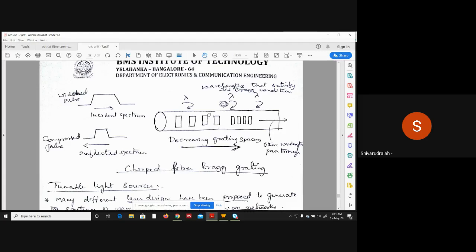And those wavelengths which will not satisfy the grating condition will start transmitting out of the fiber grating, right? Because this incident pulse is made up of multiple wavelengths. You can see here lambda 1, lambda 2, lambda 3, there are different wavelengths, right?